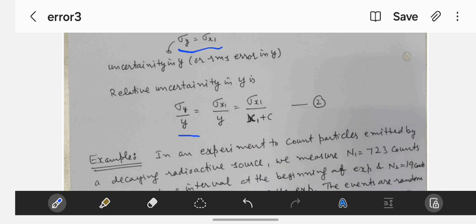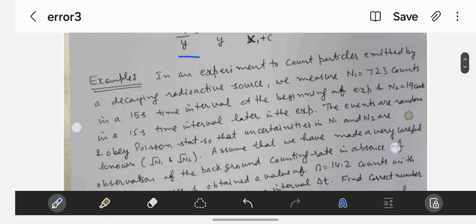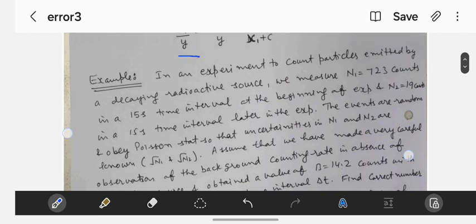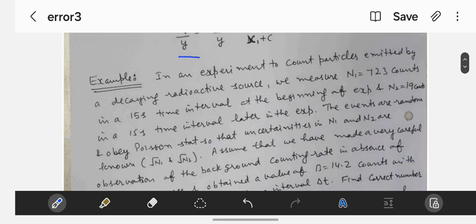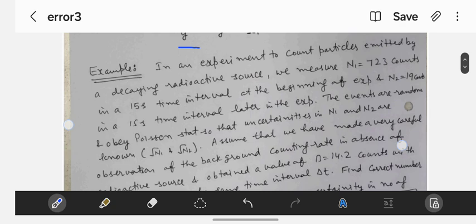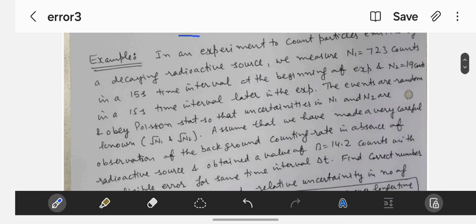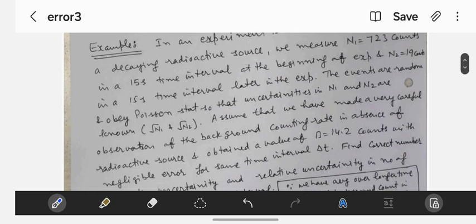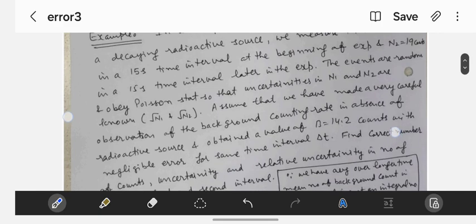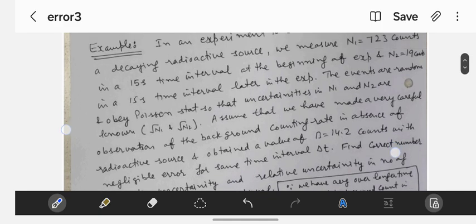Sigma y equals sigma x. We know that. That's how sigma y equals sigma x1 for y equals x1 plus c. So there is one more example. In an experiment to count particles emitted by a decaying radioactive source, we measure n1 equal to 723 counts in a 15-second time interval at the beginning of the experiment, and n2 is 19 counts in a 15-second time interval later in the experiment.